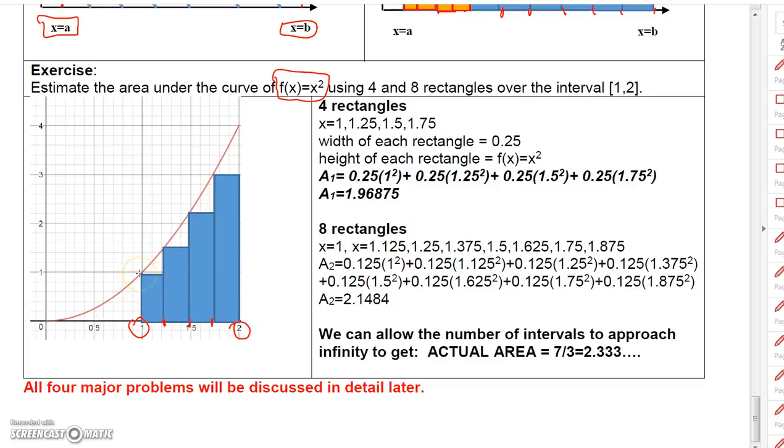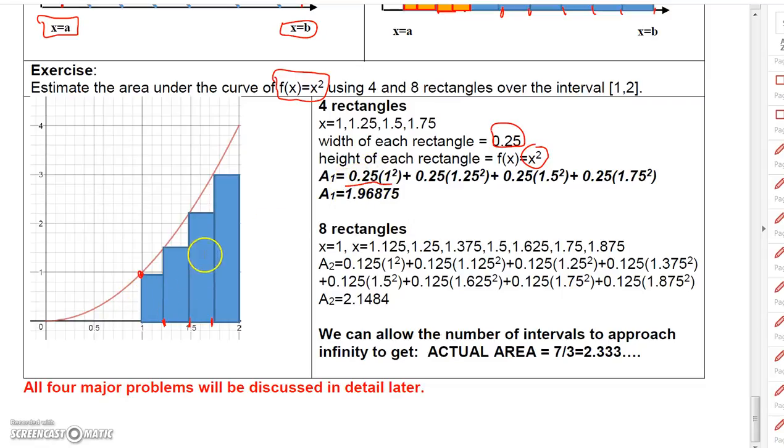The width of each rectangle is 1/4 of a unit, 0.25. The height of each rectangle is just whatever the y value is, which would be x squared. The height of this first rectangle is 1 squared, its width is 0.25, so the area would simply be 0.25 times 1 squared.